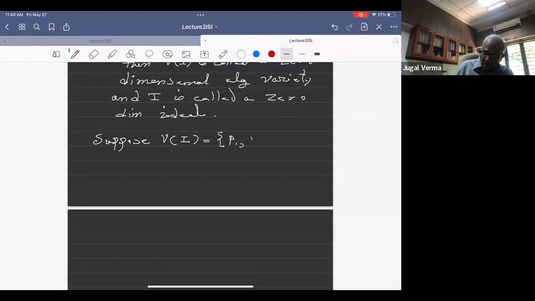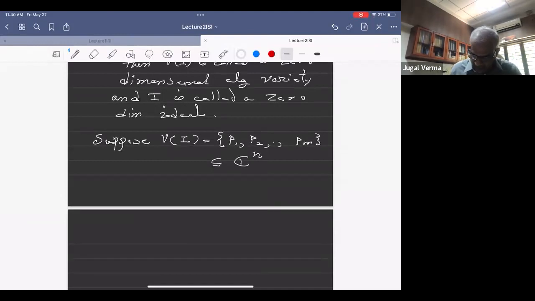Suppose the solutions are P1, P2, ..., Pm. Okay. So this is contained in the n-dimensional vector space Cn. These are finitely many points.